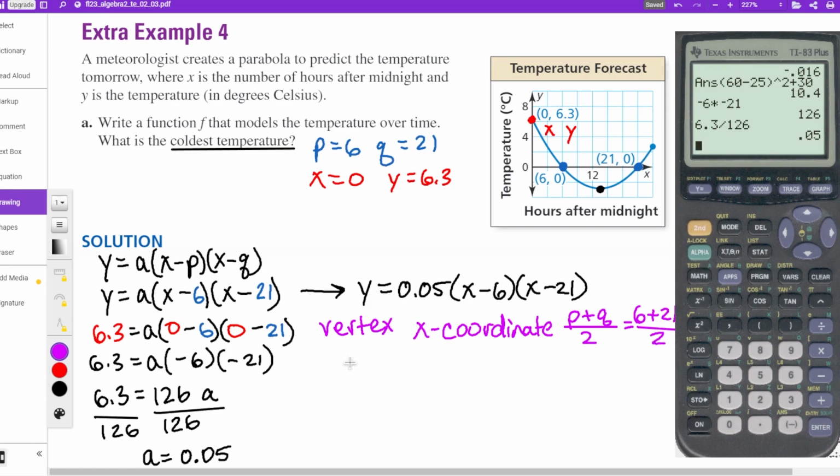So we get an x-coordinate of 27 divided by 2. 27 divided by 2 we can write as a decimal. That is 13.5.